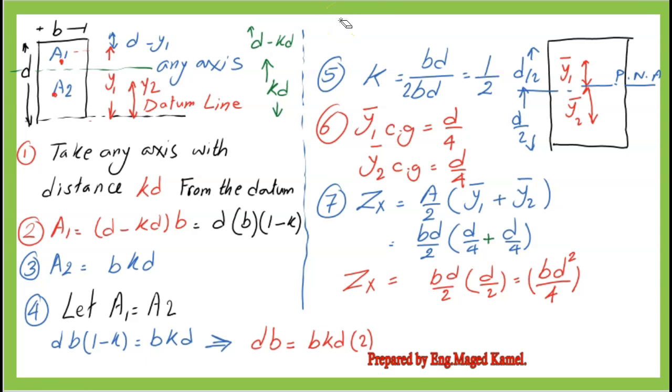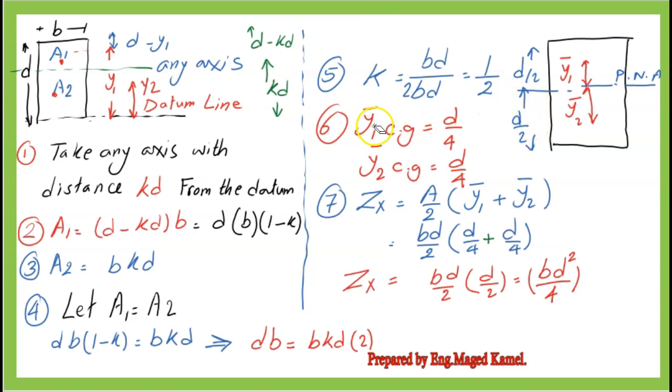BD multiplied by (1 minus K) equals B multiplied by KD. We can get an expression for K as equal to BD divided by 2BD, equals 1 over 2. Thus, the plastic neutral axis will be located at distance KD, which is D over 2.